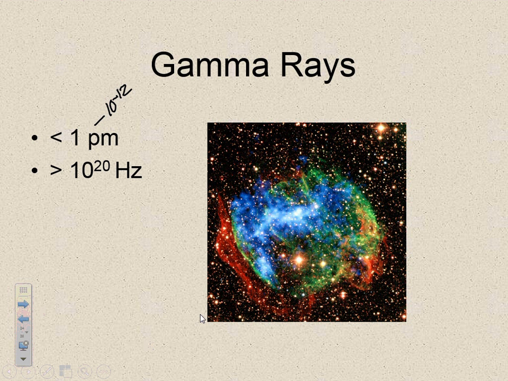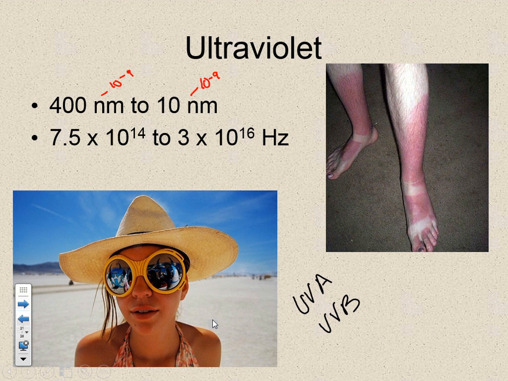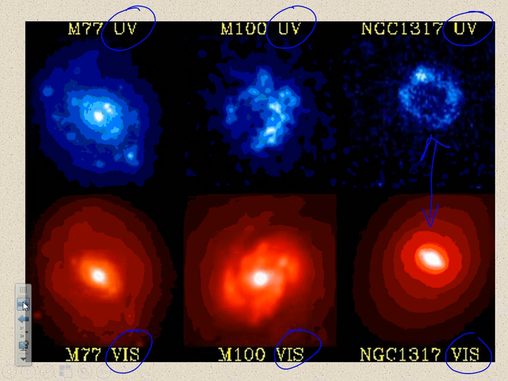Gamma rays, our Earth protects us from gamma rays. They don't get through our atmosphere. For UV rays, way back here, the ozone protects us from UV rays, so we don't get too much UV coming through our atmosphere.